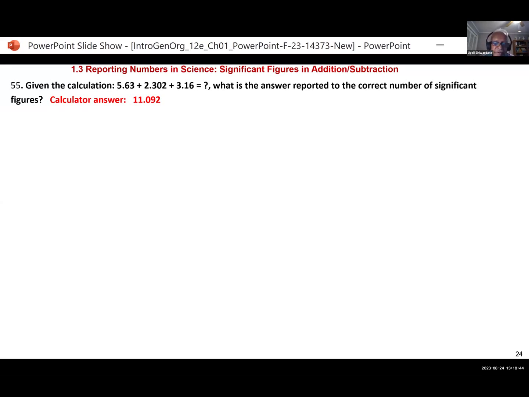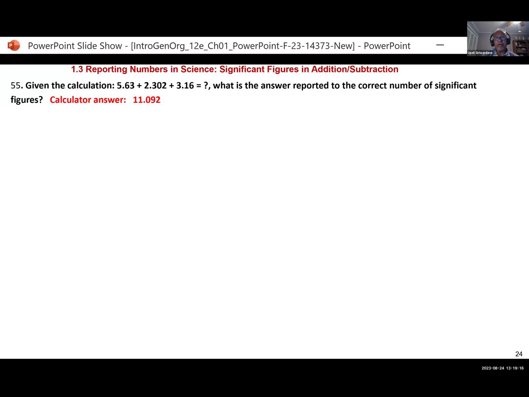So what we said was, the calculated answer should be rounded off to the lowest decimal place of the numbers. The lowest decimal place is the second decimal place. 5.63 is to the second decimal place, 3.16 also second. So the calculated number, 11.092, should be rounded off to the second decimal place.